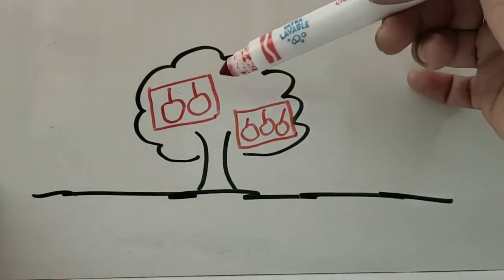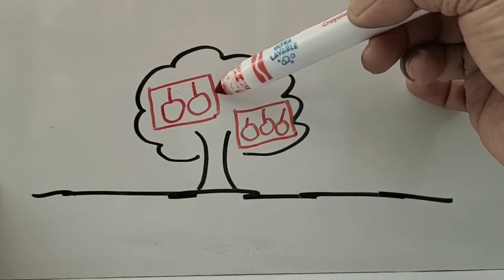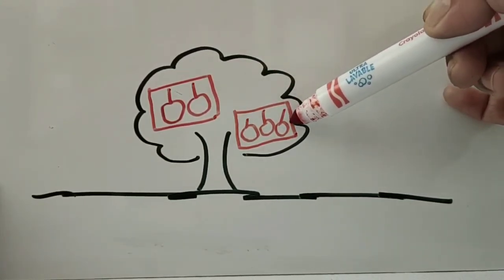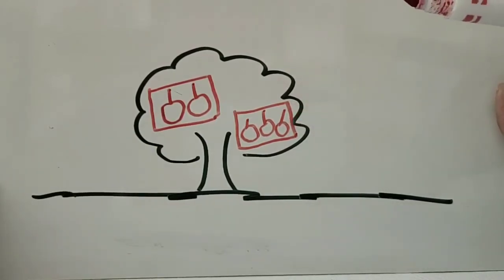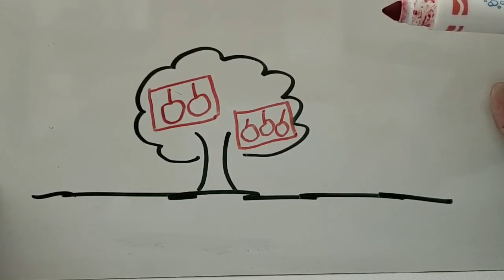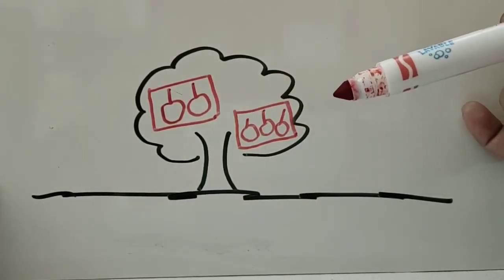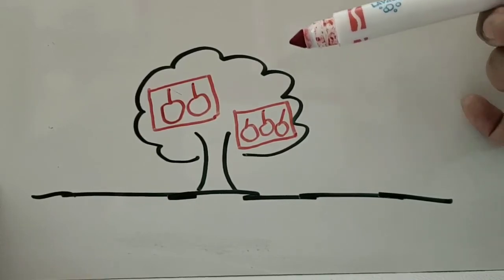So, at first, how many apples did I see? Just 2. But then I saw 3 more. How many apples did I see all together? How did you know that? You're right. If we count all the apples together, we'll get 5. Well, let's do that.